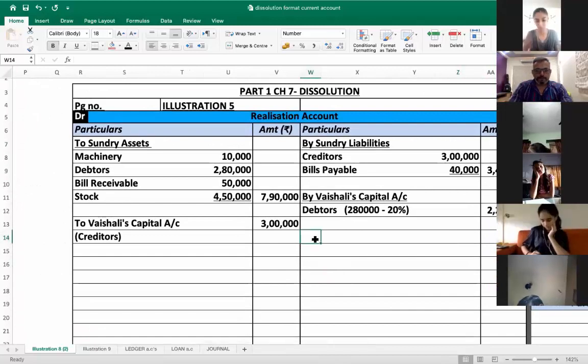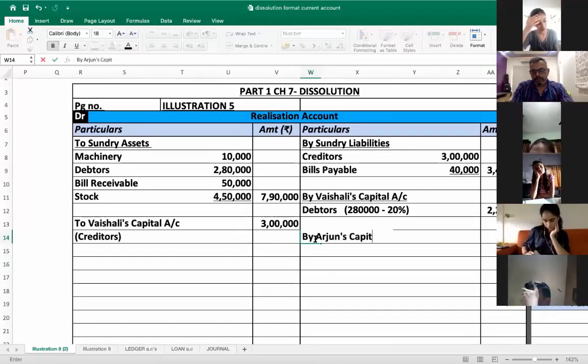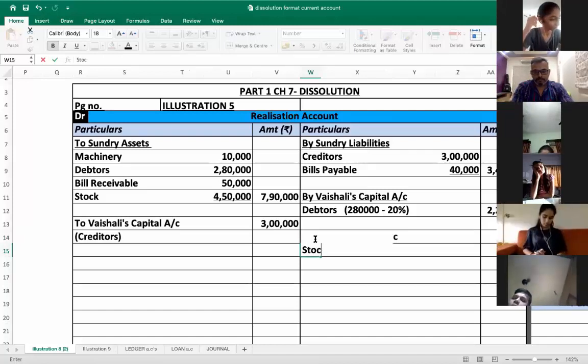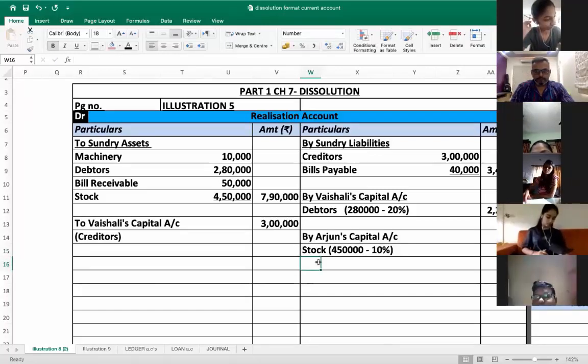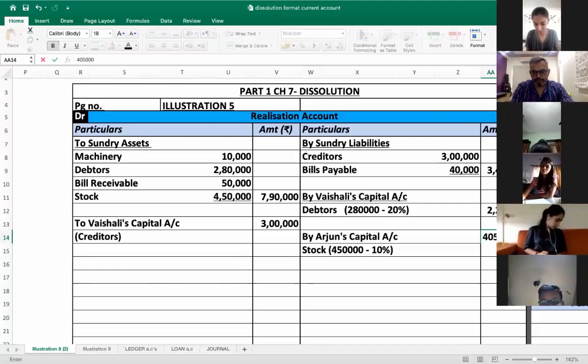So by Arjun's capital account, stock is 4,50,000 minus 10%. So amount comes to 4,50,000 minus 45,000, so 4,05,000.